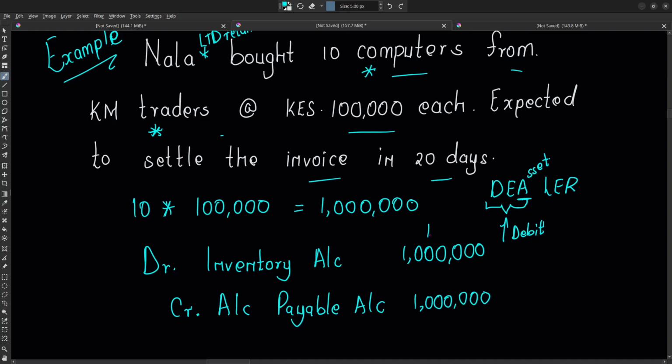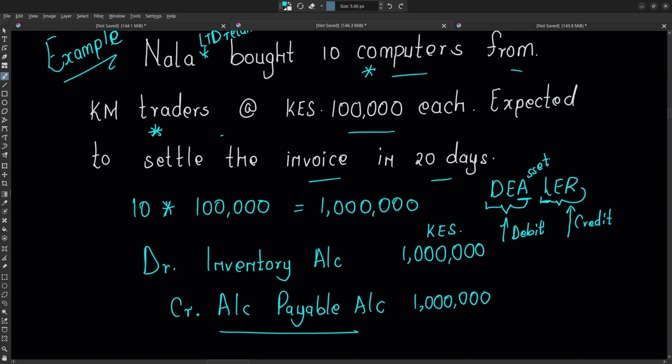Okay, so this is where the account payable comes in. An account payable is basically a liability account, as mentioned earlier, and it is on the right side of this expanded accounting equation. When you want to recognize an increase in these accounts, you credit.